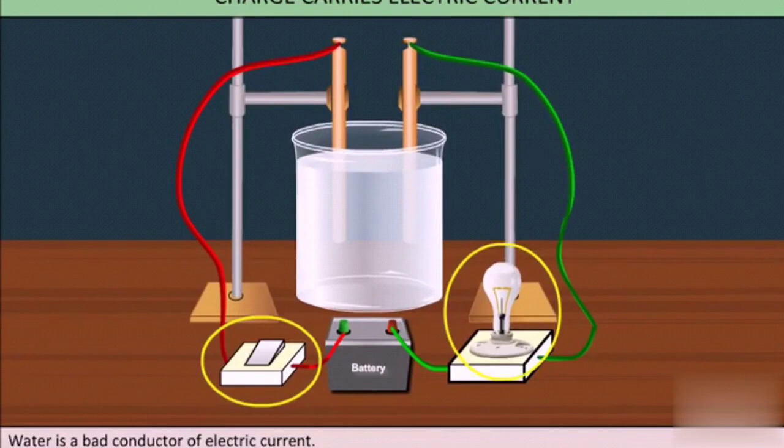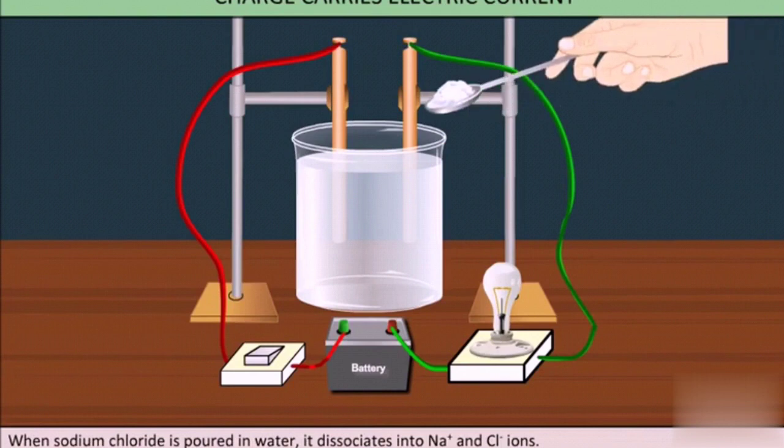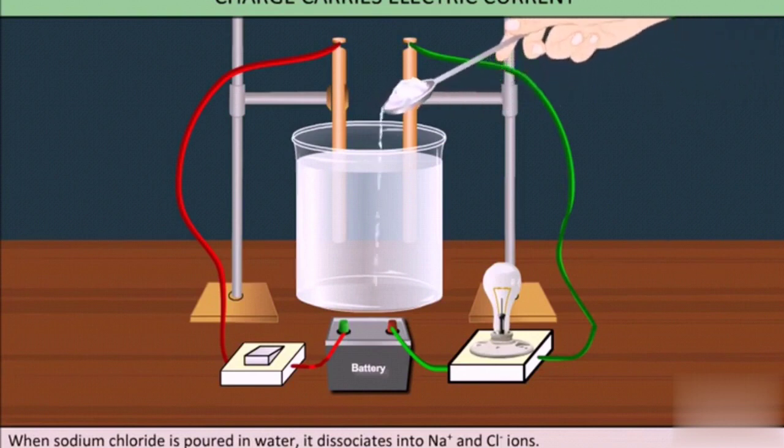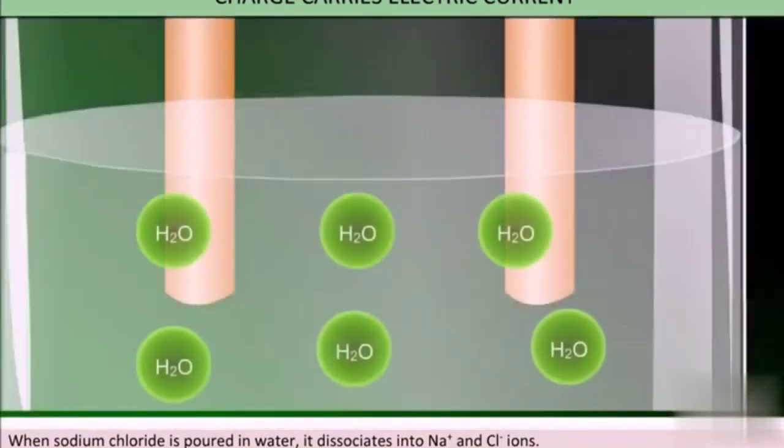Distilled water is a bad conductor of electric current. When sodium chloride is poured in distilled water, it dissociates into sodium ion, that is Na plus ion, and chloride ion, that is Cl minus ions.